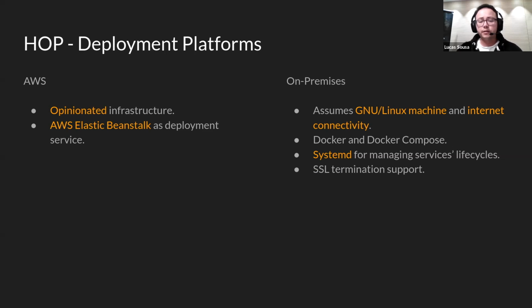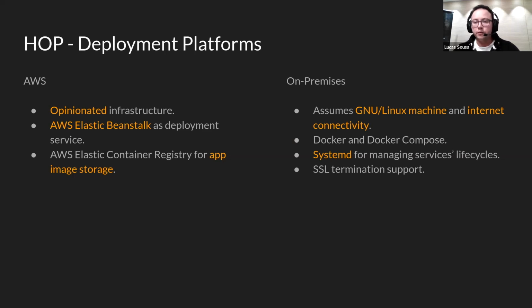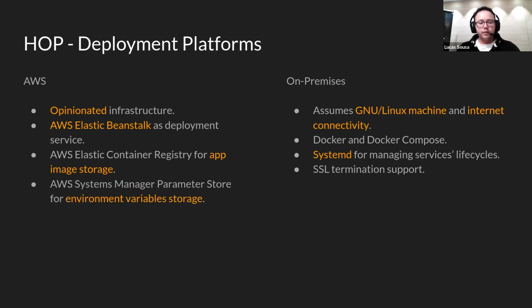Let's Encrypt certificates. And from the AWS part, another essential service that we use is AWS Elastic Container Registry for the app image storage. So when you build your Docker image in the pipeline, it will be stored in the ECR. And Systems Manager Parameter Store for the environment variables.